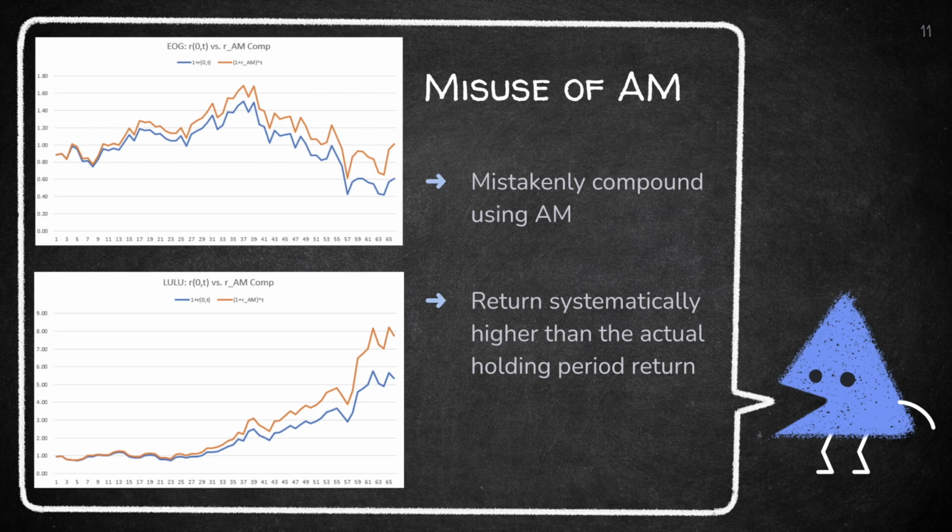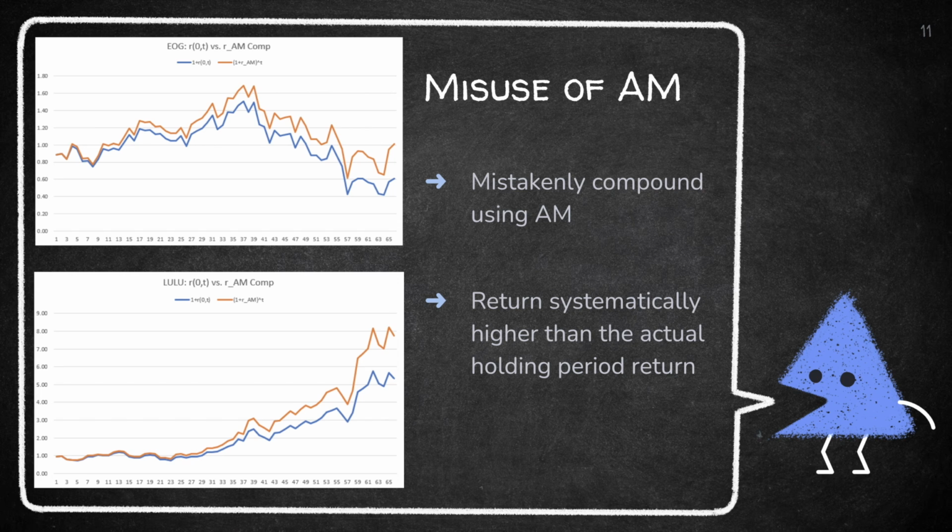However, despite this mathematical difference between these two means, arithmetic means are often used as geometric means. People often compound using arithmetic means of rate of return. Since arithmetic means are systematically greater than geometric means, the more periods of compounding involved, the greater the overestimation in the returns compared with the actual holding period return.